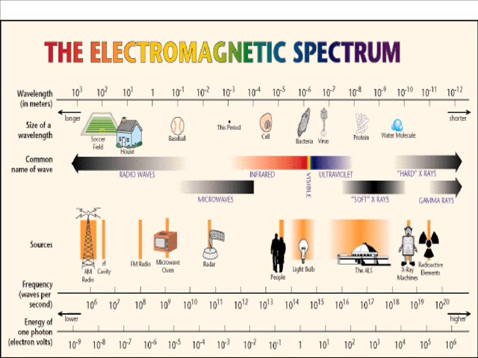You can see that the visible spectrum is very small: ultraviolet, soft X-rays, hard X-rays, and gamma rays. And you can see where the sources are, and the one that we use quite a bit in food processing would be your microwave oven, which you have microwaves, of course, and we use that to actually cook and to heat food.